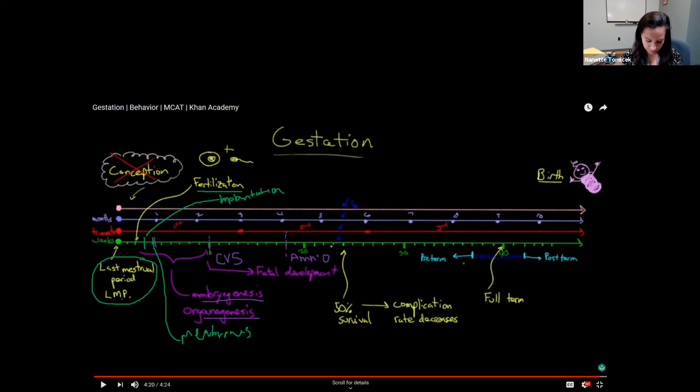Now, something else I want to point out here as well, that placenta, it's really forming, and that placenta being a full structure is happening right at that cross between the first and second trimester.